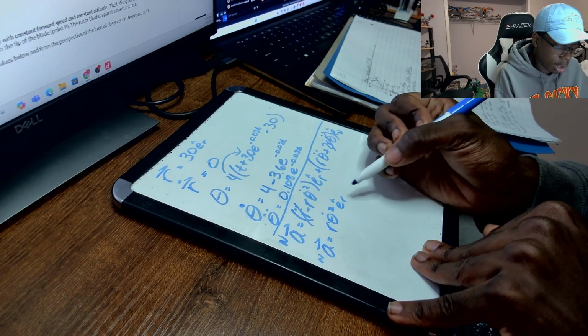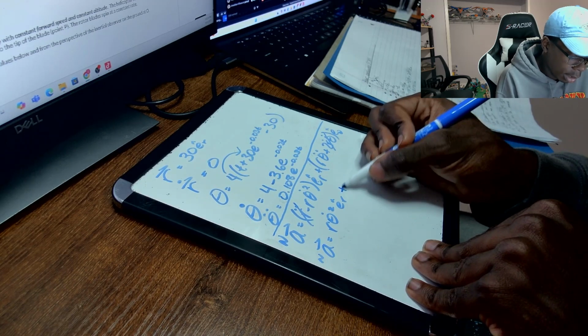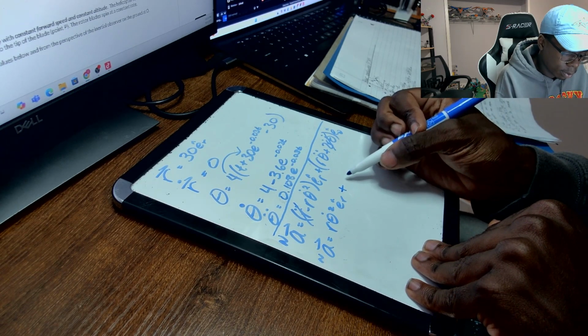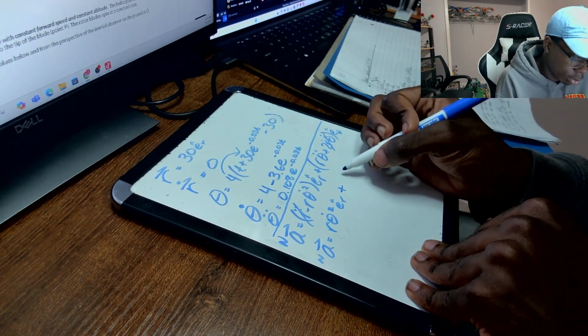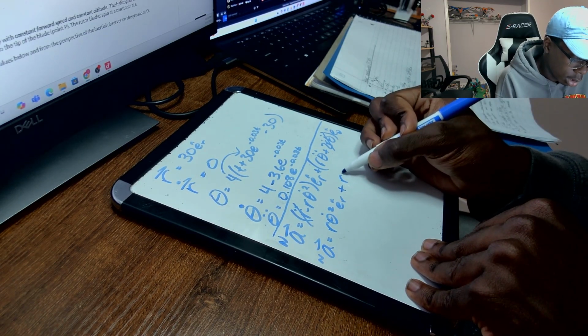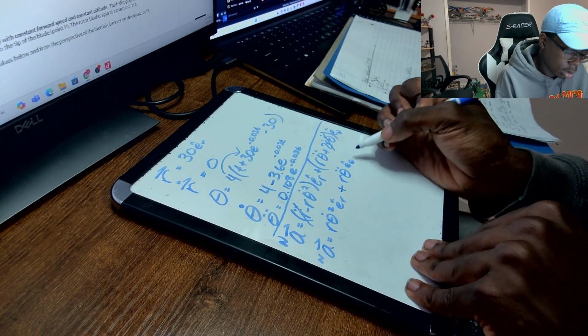So this is our normal component, and then we'll have plus our tangential component, which will be r theta double dot e theta.